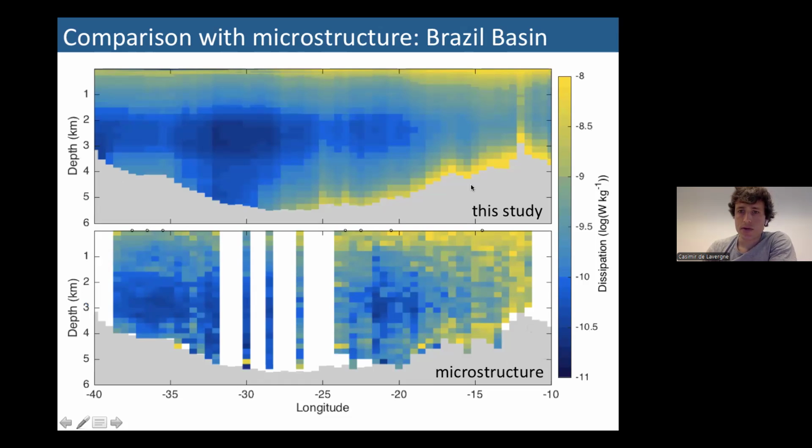Essentially, what you can see is that we can reproduce the contrast between the deep and the upper ocean, and also the contrast between the eastern part of the basin and the western parts. And sometimes we get agreement down to the details, which is fairly encouraging.